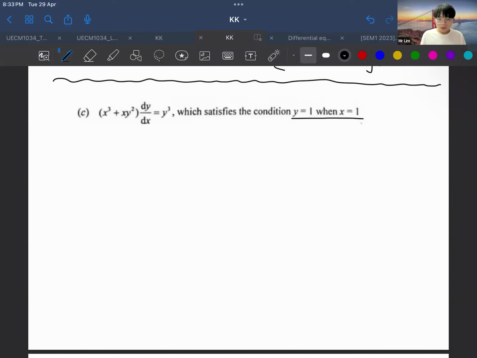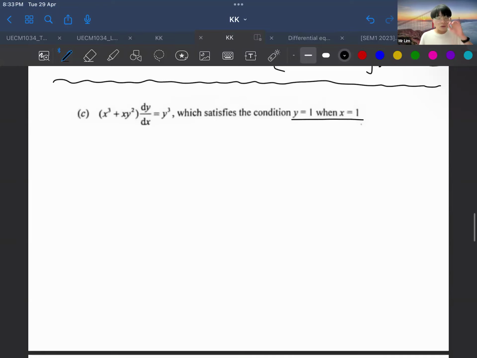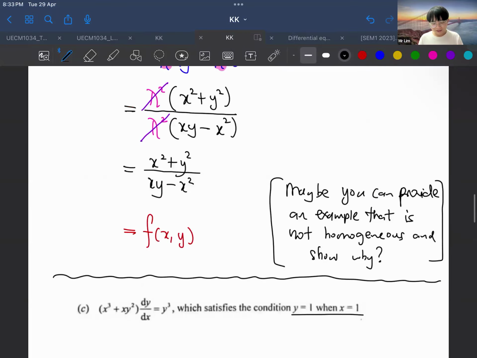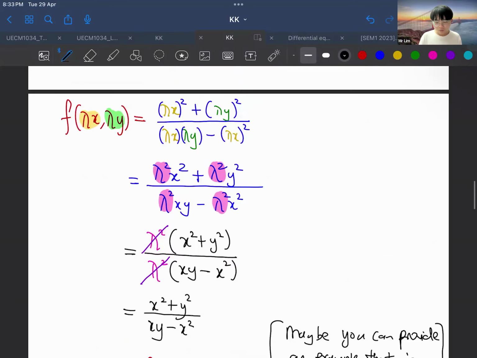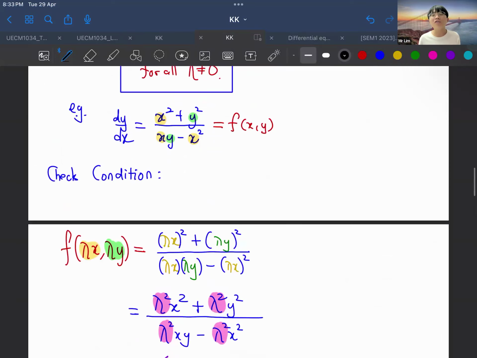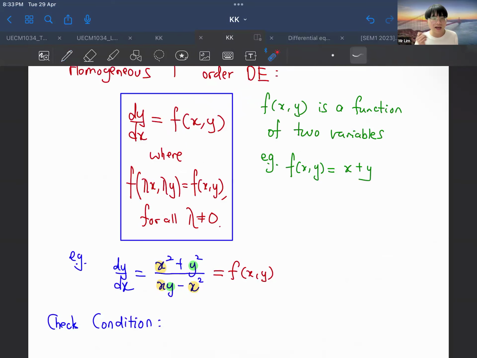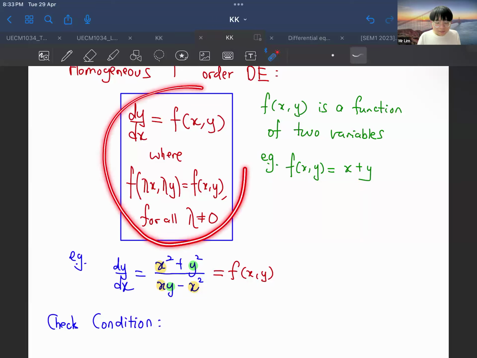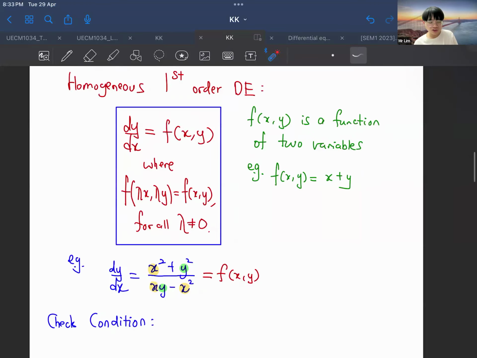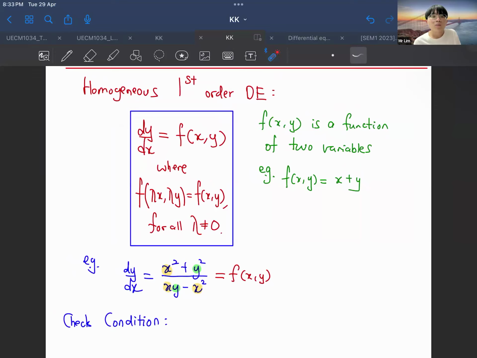Before I go to this example, I have something more to say about my definition of homogeneous. I think I have to say this first. I would say that this is the simplest way to define a homogeneous first order DE.